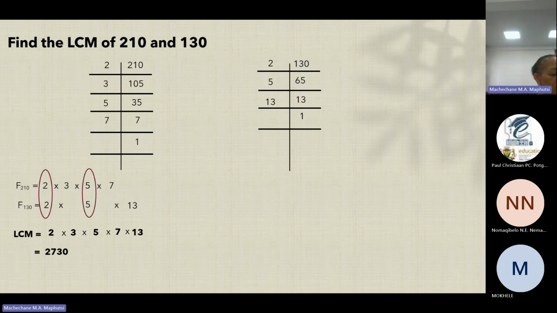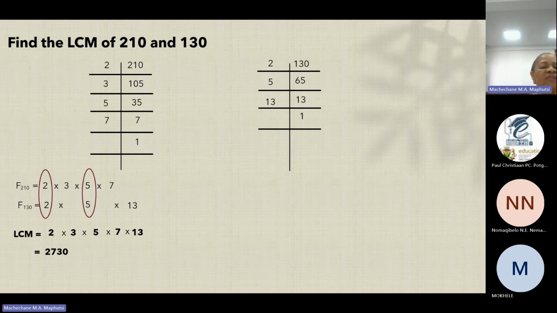So what did we do here? To find the LCM, you write all the prime factors, but those that repeat, you write them once. Like in the case of 2, 2 repeated, I wrote it once. 3 doesn't repeat, so I write it there. 5 repeats, it has to be written once.